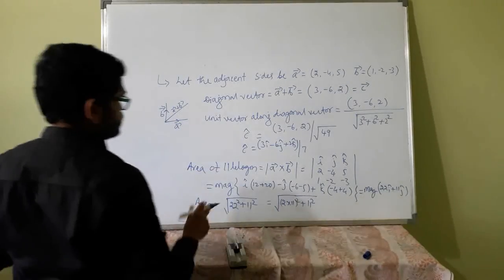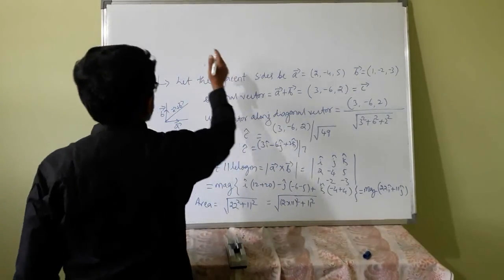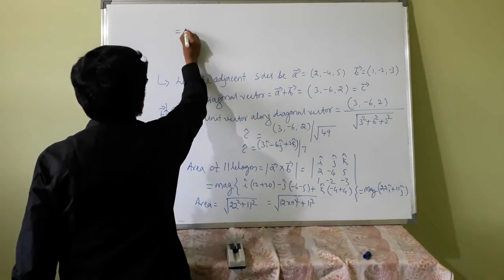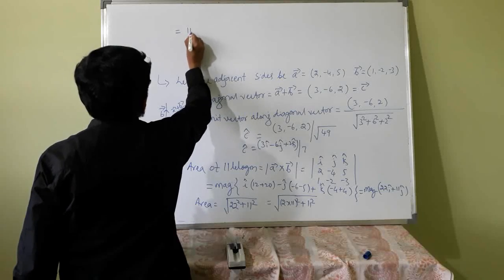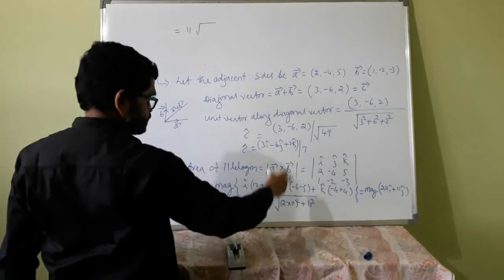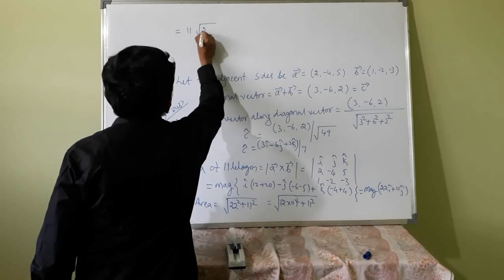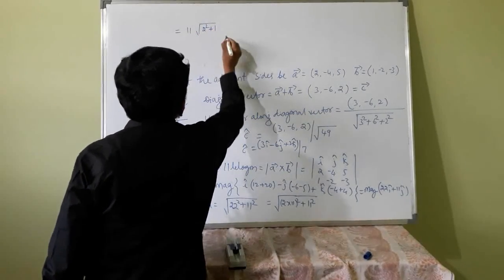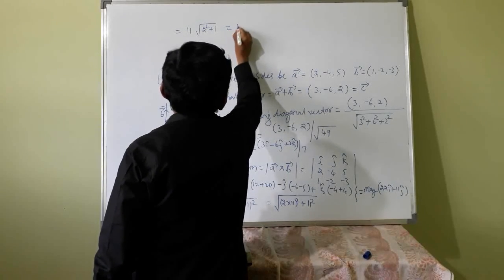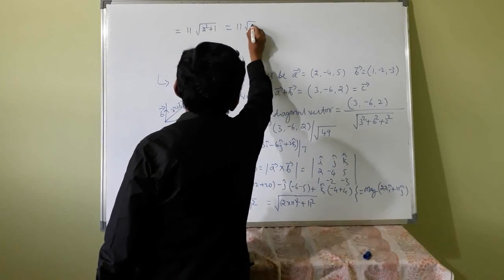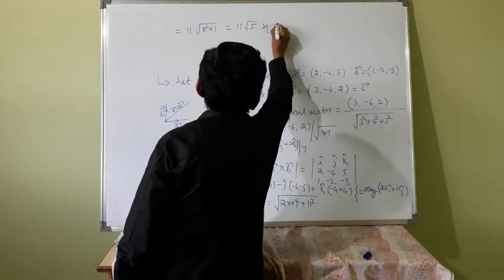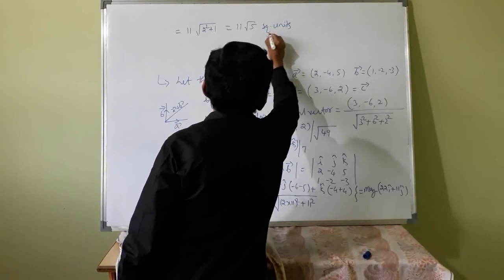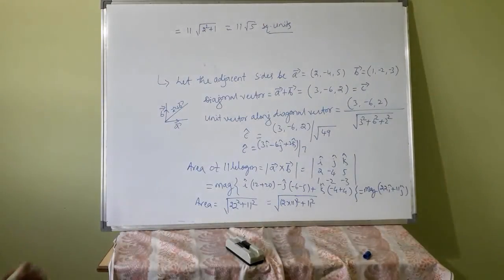If you take 11 square common, that is 11 times the root of 2 square plus 1 square, or 11 root 5 square units. So 11 root 5 is the answer.